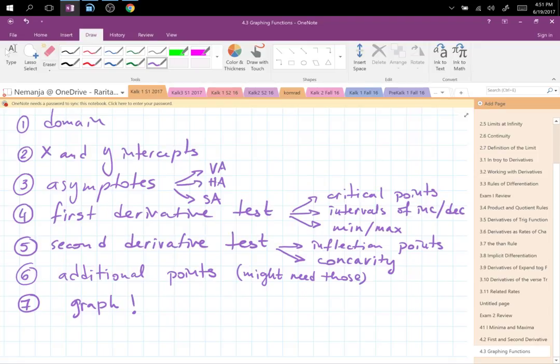Domain, x-intercept, y-intercept, vertical, horizontal, slant, critical points, increase, decrease, min, max, inflection points, concavity, up and down, and maybe additional points. So there's a lot of stuff. These problems can take anywhere from 20 to 40 minutes because there's a lot of calculations.